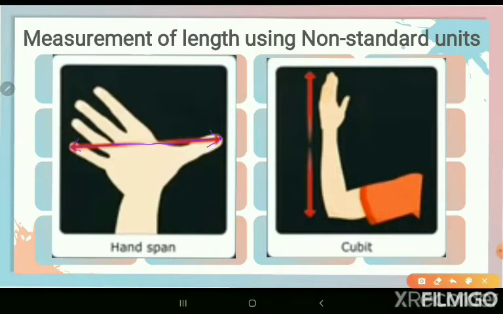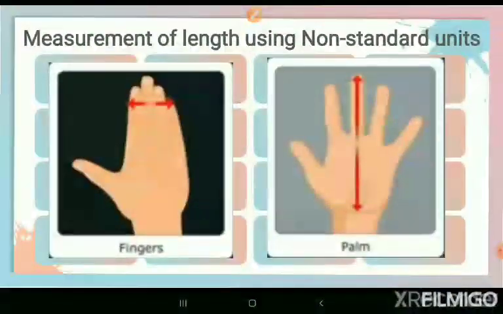Other one is known as cubit. It is the distance between the tip of the finger to the elbow, cubit. Okay, from this tip of the finger to the elbow, this distance is known as cubit. Okay, then we have fingers.